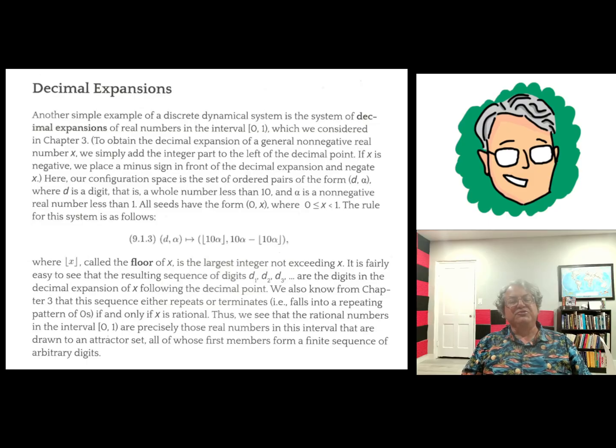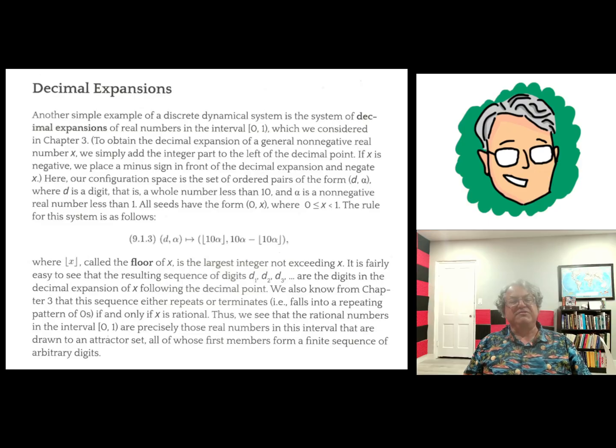But then what we do is once we have d comma alpha, we replace that with the floor of 10 alpha. Floor just means the largest integer that's less than or equal to that number. And I think you can see that's always a non-negative integer from 0 to 9, no matter what alpha is, as long as alpha is less than or equal to 1.